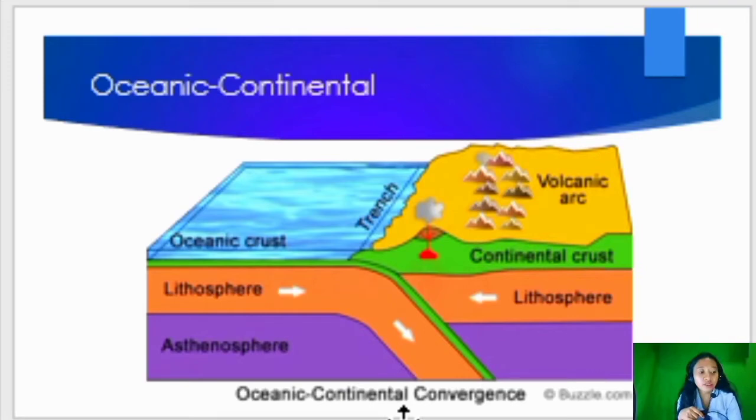The process is called subduction, which is the process by which a plate dives under a less dense plate. So this subduction occurs here. The crust with the greater density subducts under the crust with a lesser density, and that is the continental plate.